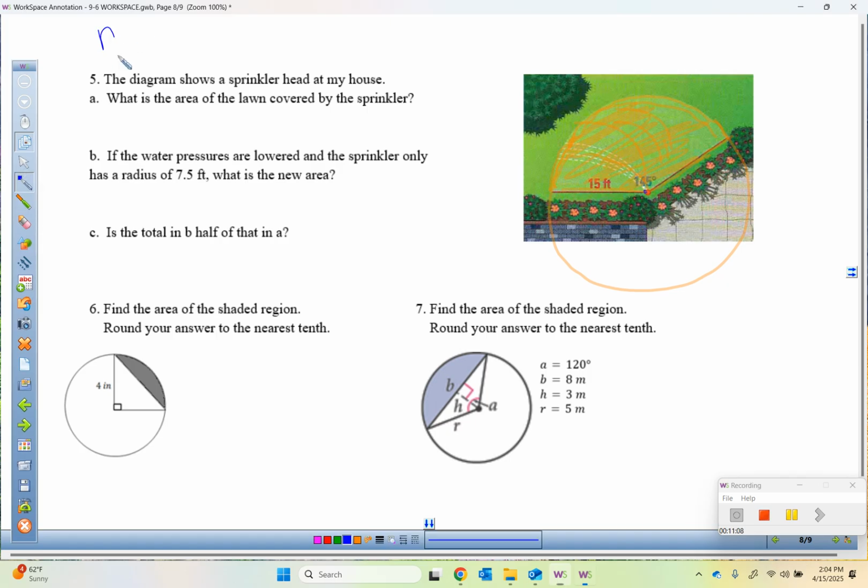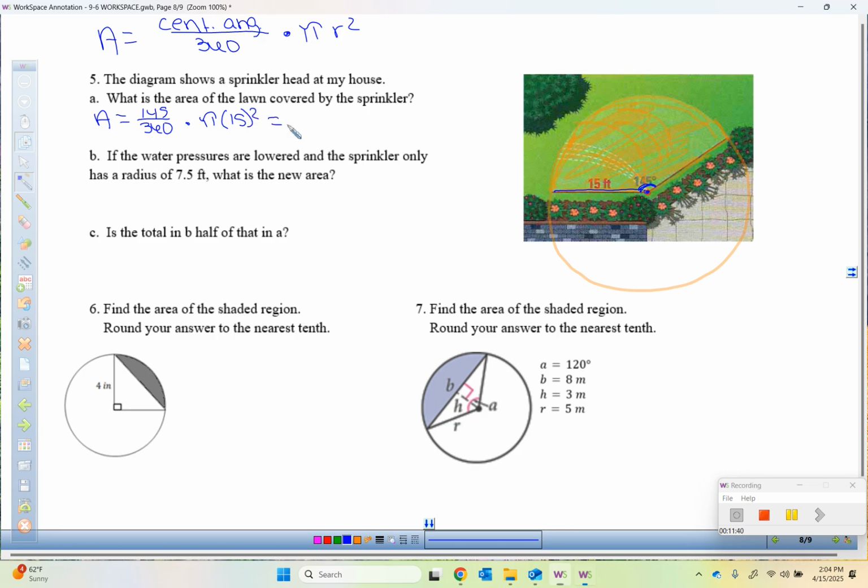Okay, so I'm going to rewrite our formula. Area is the central angle over 360, right, times pi r squared, okay? So area equals, what is my central angle here? 145 over 360 times pi. And what is my radius? Okay, so notice if I were to make the circle all the way around, yes, you're saying 15 squared.